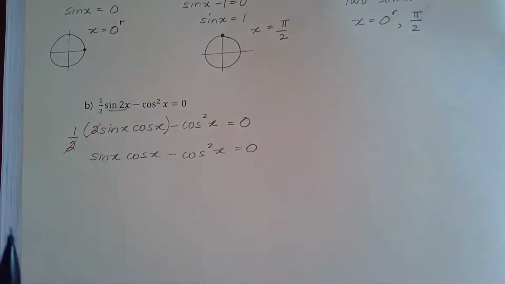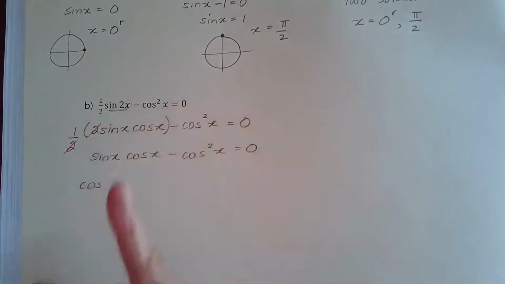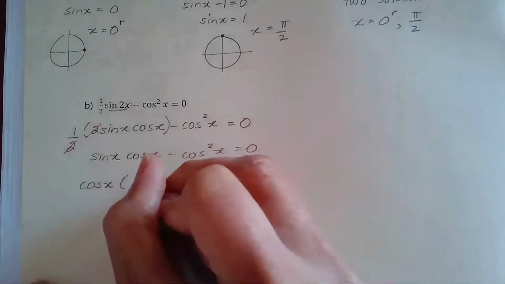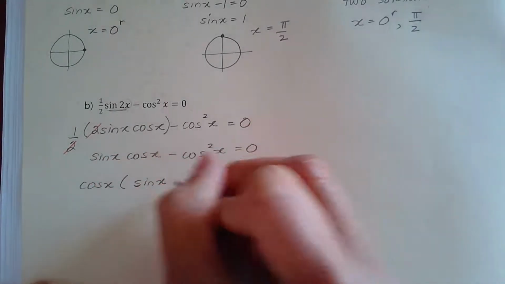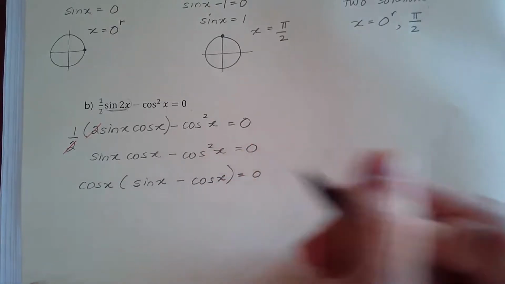We got some sine and we got some cos. So what can we do here? Let's factor out the greatest common factor. There's a common factor of cos of x. So cos of x times sine of x minus cos of x equals 0.